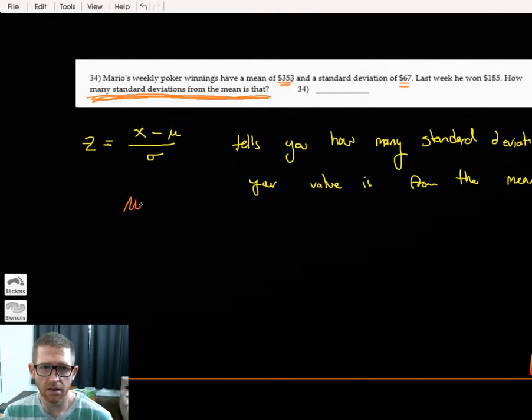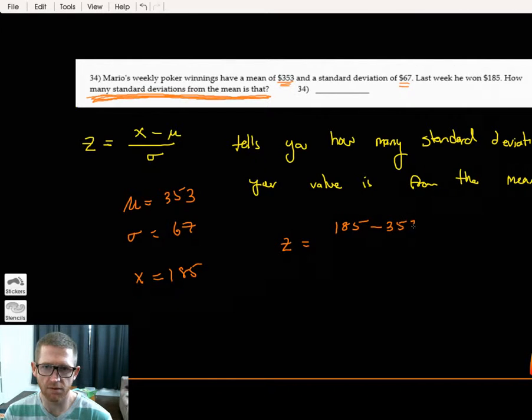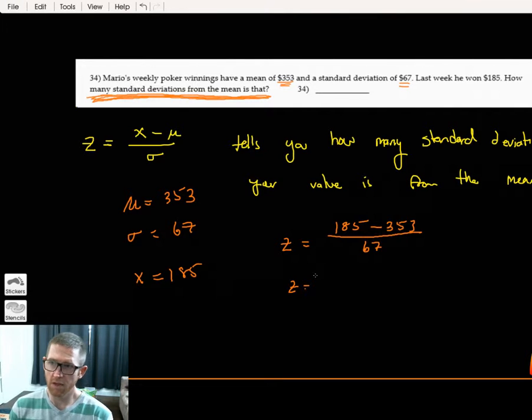So if the mean is $353 and his standard deviation was $67, and last week he won $185, the z-score, right, the relative position would just be 185 minus the 353, which is his average, divided by the standard deviation, 67. So the z-score would be, calculator crunch, right?